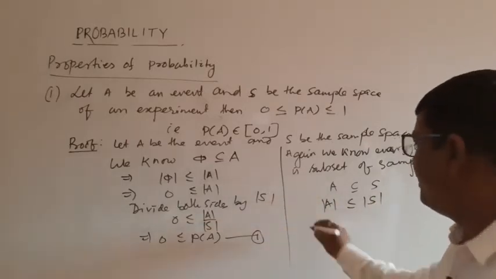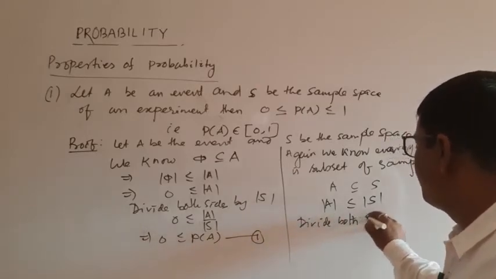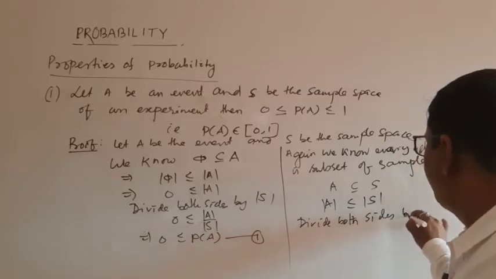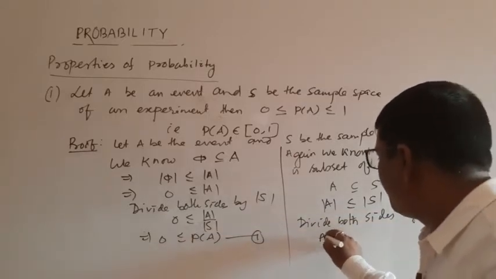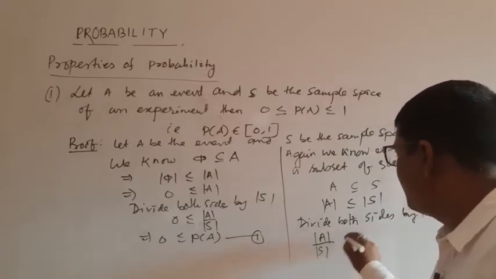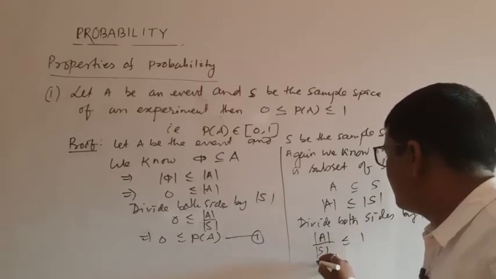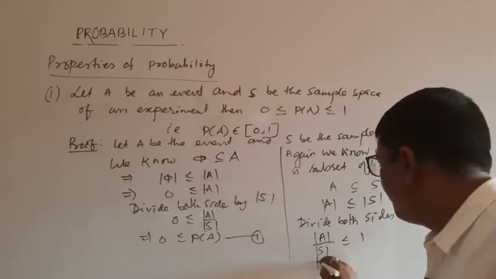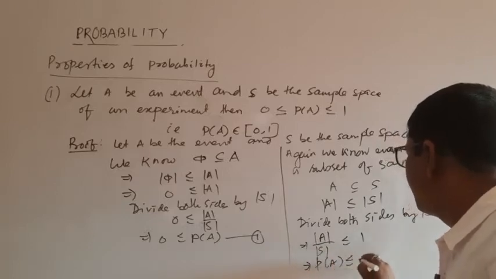Divide both sides by cardinality of S. So cardinality of A divided by cardinality of S is less than or equal to cardinality of S divided by cardinality of S, that is 1. So this is P of A, the probability of A, that implies probability of A is less than or equal to 1.